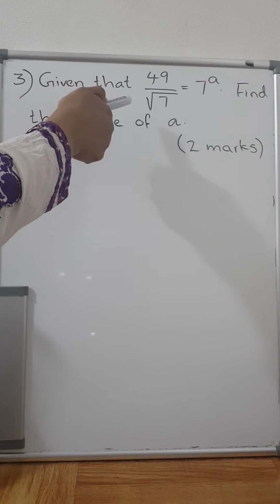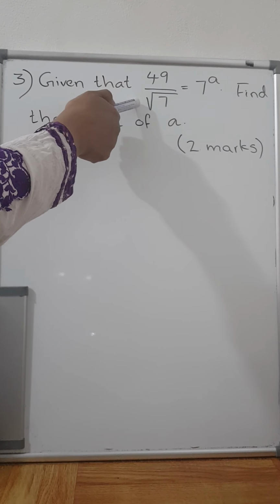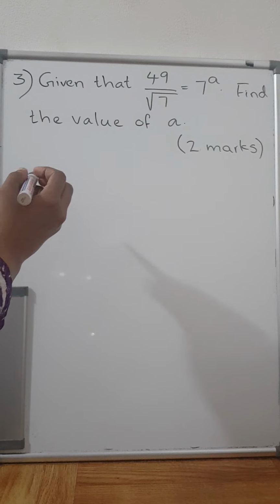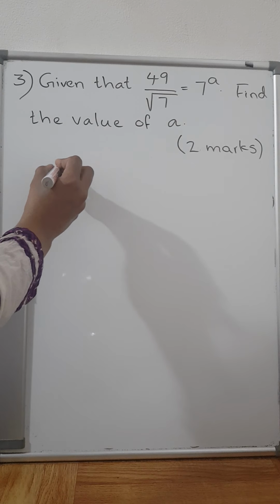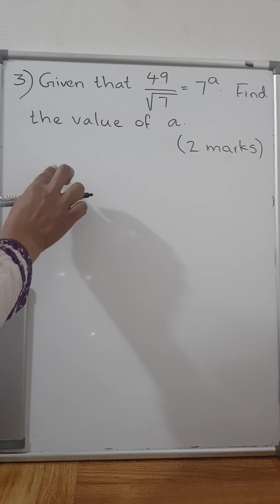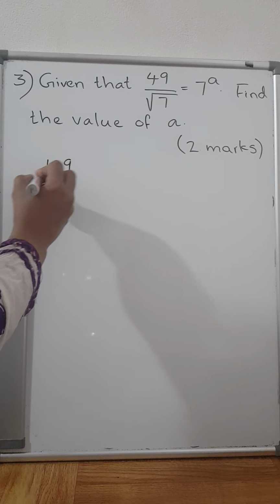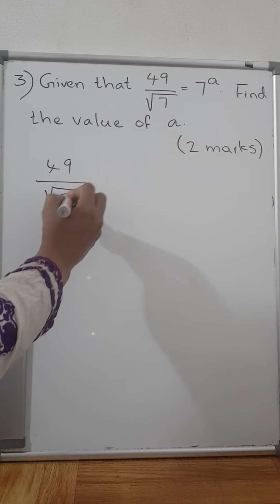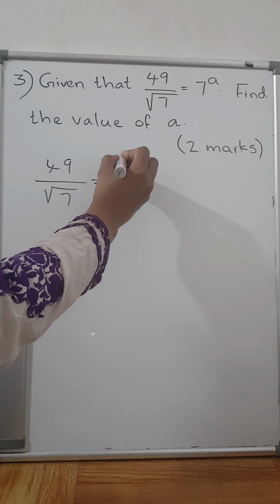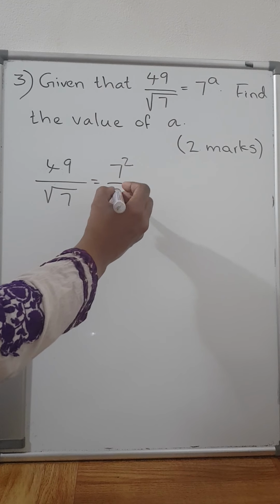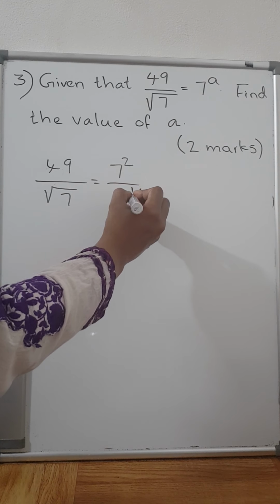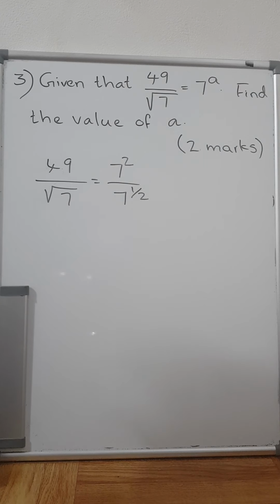So we will try to make the base of left hand side also 7. So 49 we can write as 7 square. Root 7 we can write as 7 to the power 1 by 2.